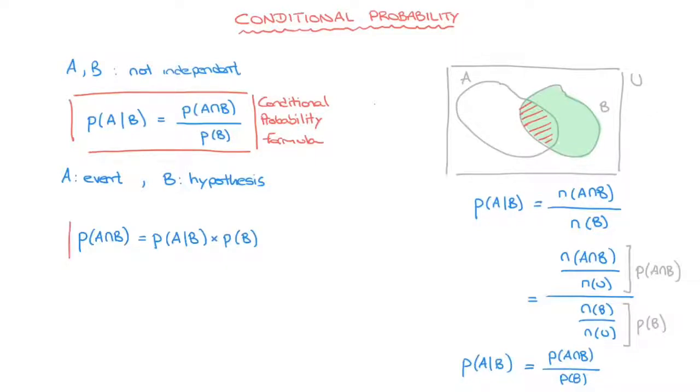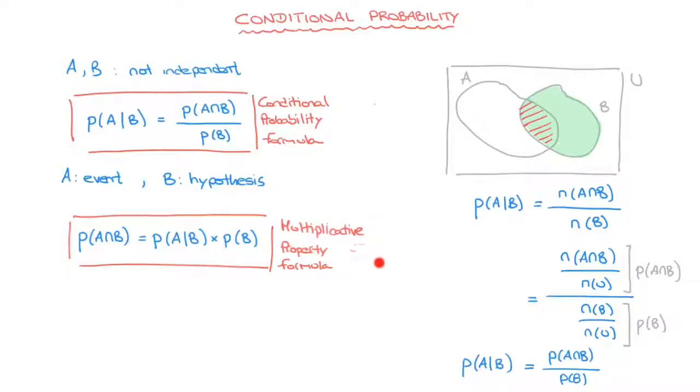And I'll go ahead and box that formula as well. This is sometimes referred to as the second conditional probability formula or as the multiplicative property formula. So I'll just write that: multiplicative property formula. And as we'll be seeing when working with the total probability formula or Bayes formula, this multiplicative property formula will become very useful, so do make a note of it.